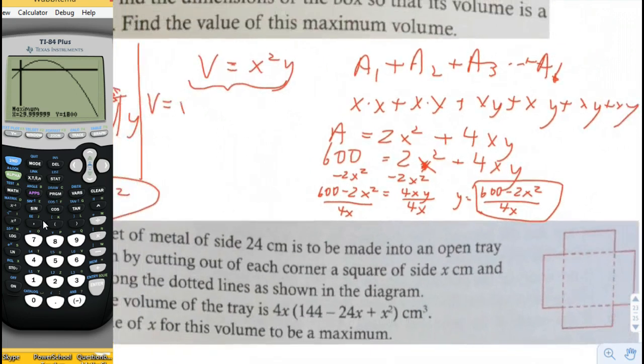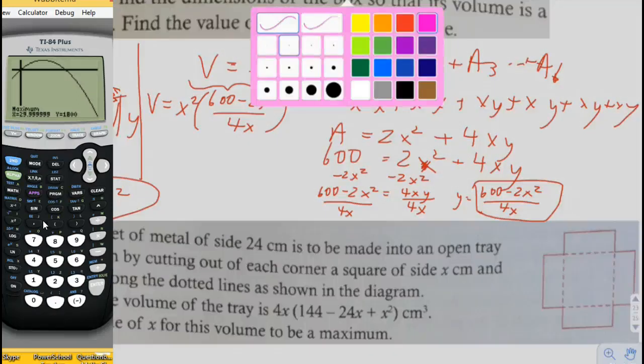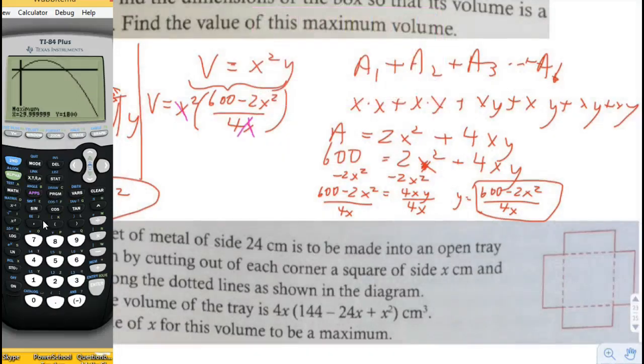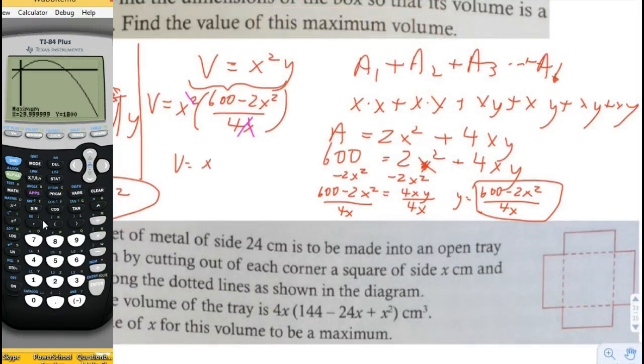Volume equals x squared times 600 minus 2x squared divided by 4x. And then if we want to simplify that, this x cancels out with this x. Oh, not with one of these x's, just the squared, right? And we'll end up with V equals x times 600 minus 2x squared divided by 4.